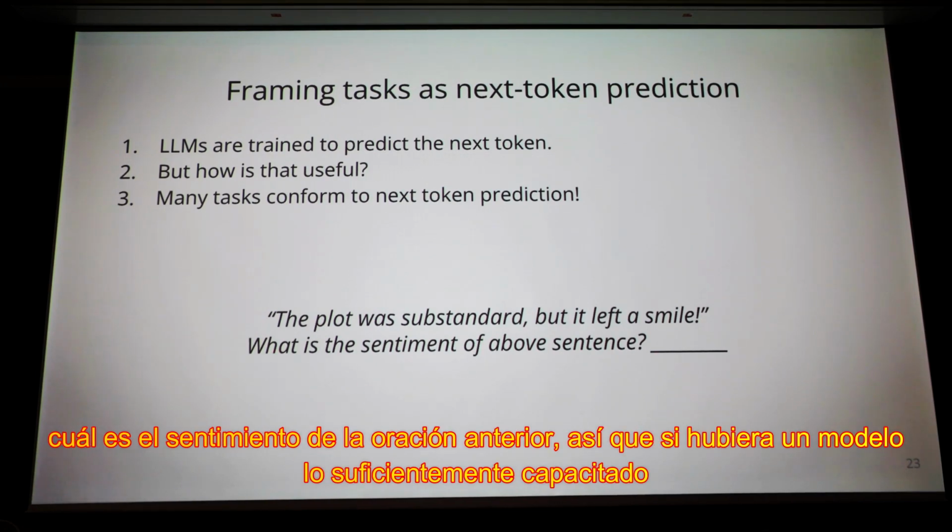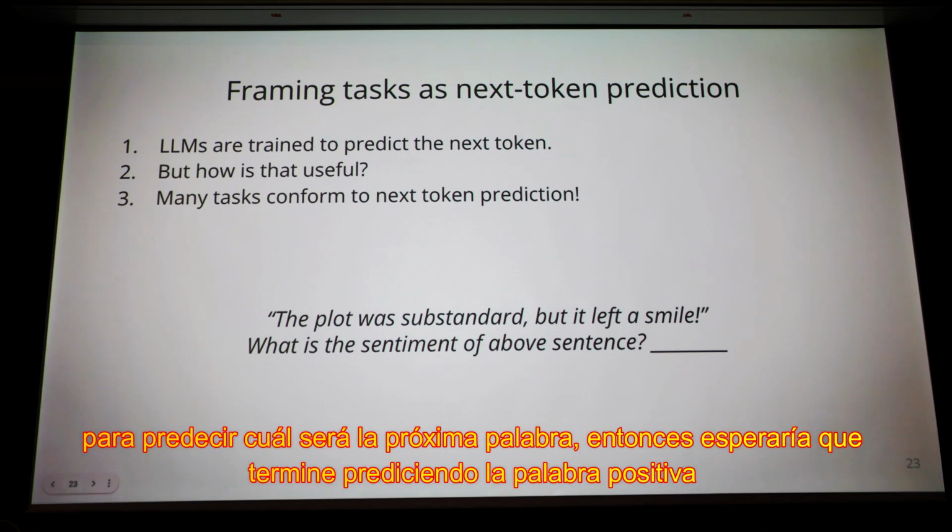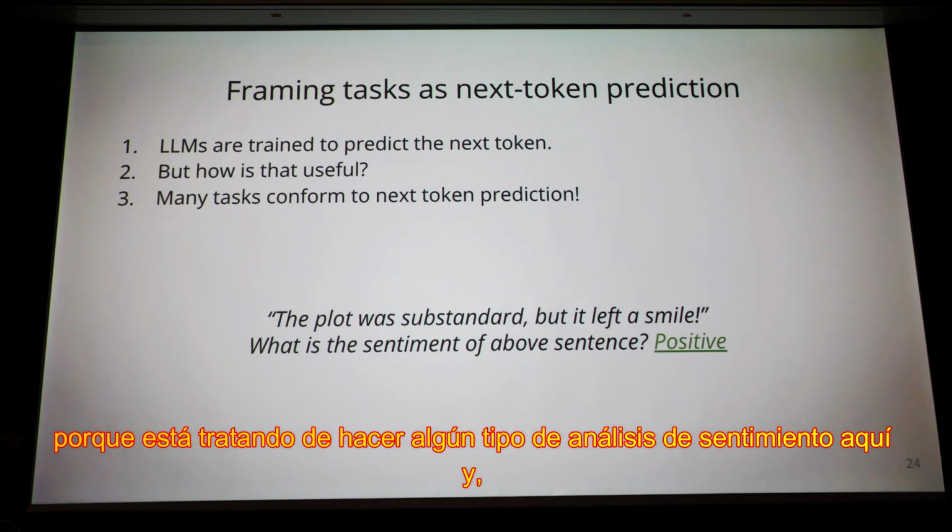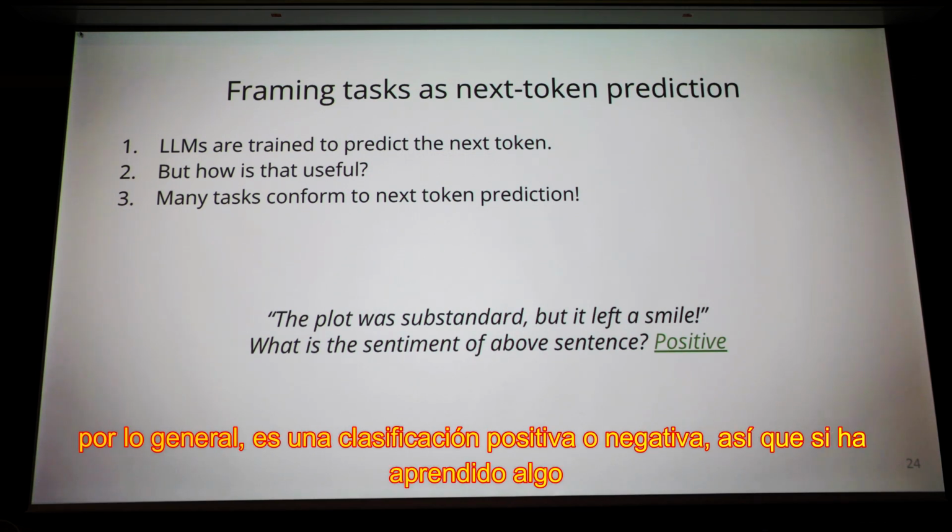So if there was a model which was sufficiently trained on predicting what the next word is going to be, then you would expect that it ends up predicting the word positive, because you're trying to do some kind of sentiment analysis here. And usually it's a positive or a negative classification, right?